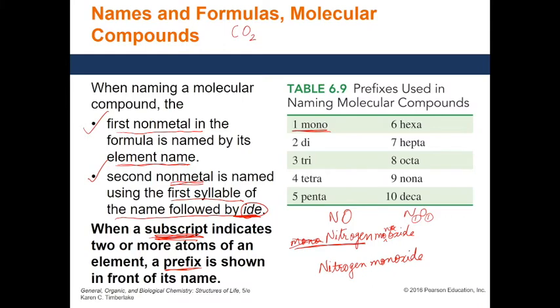So what is the name of the first element? First non-metal is carbon, so the name would be carbon. How many of these? Just one, so mono. We will be skipping the mono in the beginning.